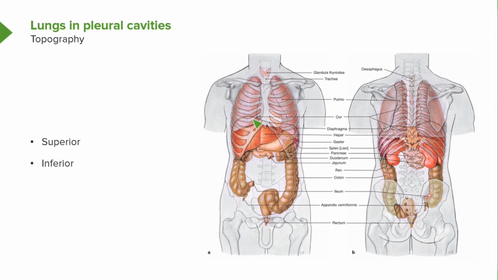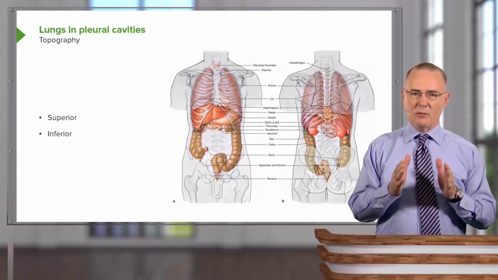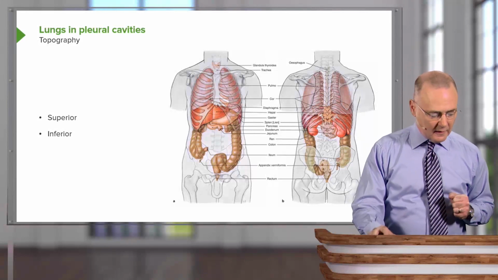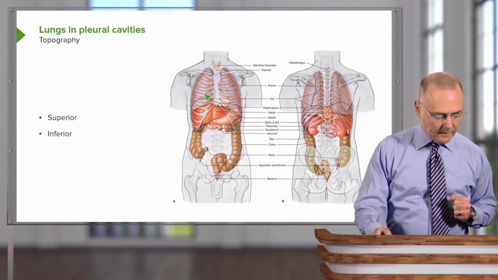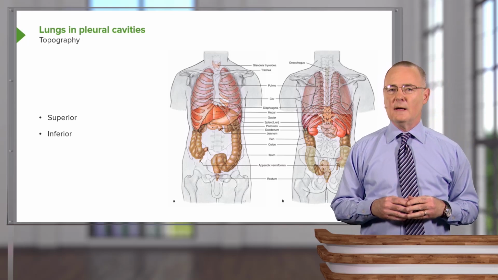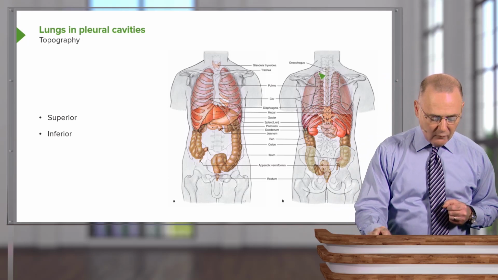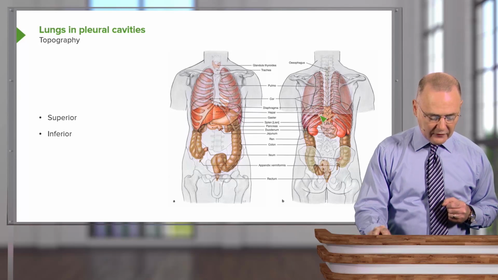The inferior limits of the lungs are going to depend on which line of axis we're viewing. And we will describe 3 axes. One will be midclavicular, one will be on the lateral side of the thoracic wall, mid-axillary, and then posteriorly we'll have one that runs along either side of the vertebral column, a paravertebral vertical axis.